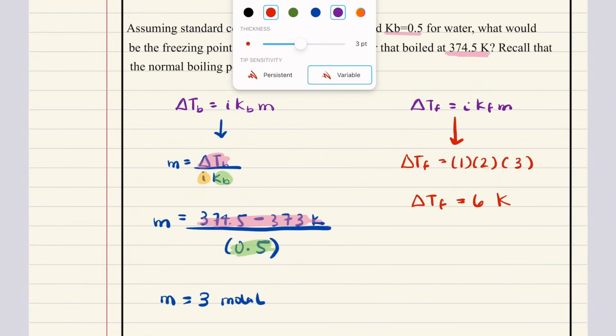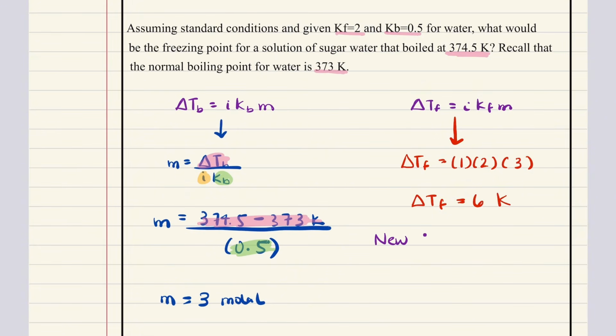Finally, we can calculate the new freezing point. Water alone freezes at 0 degrees Celsius or 273 Kelvin. To obtain the freezing point for a sugar solution, we're going to have to calculate 273 Kelvin minus 6 Kelvin, which is equal to 267 Kelvin or negative 6 degrees Celsius.